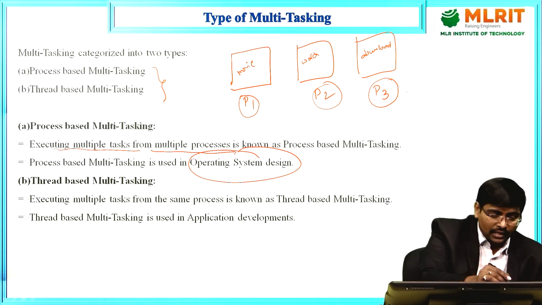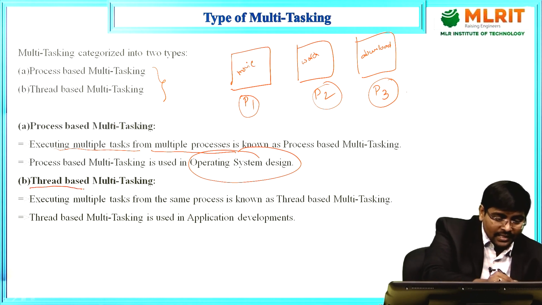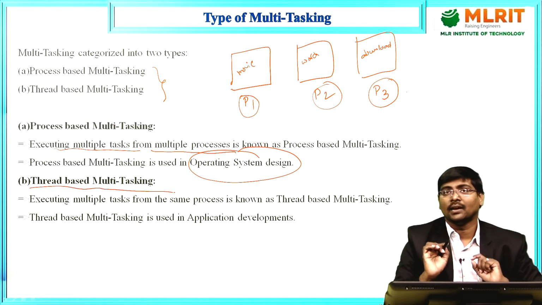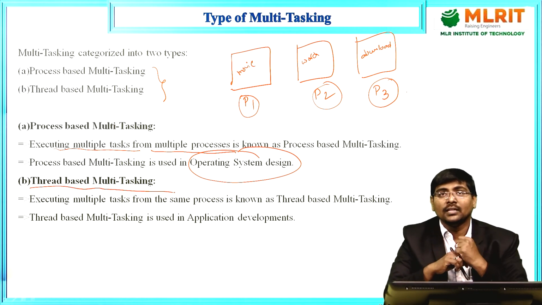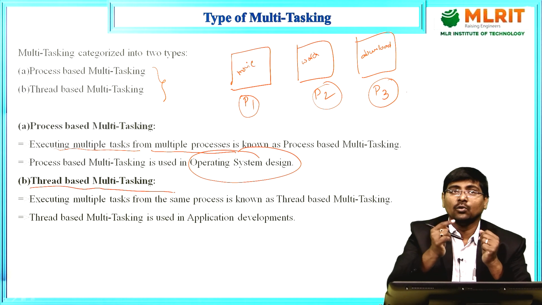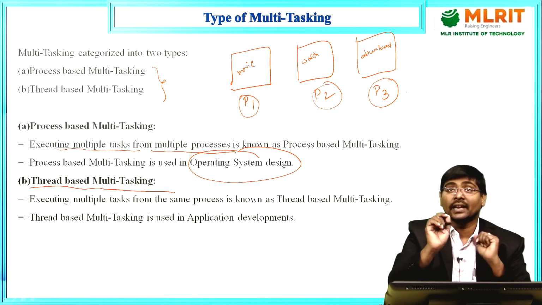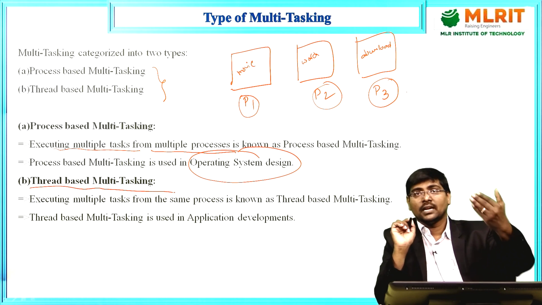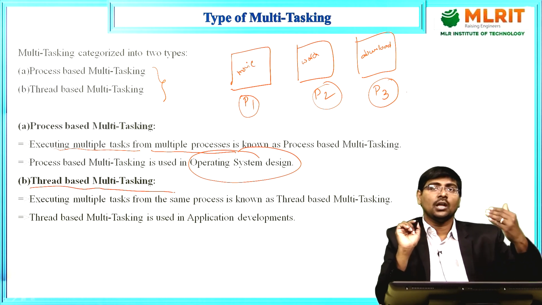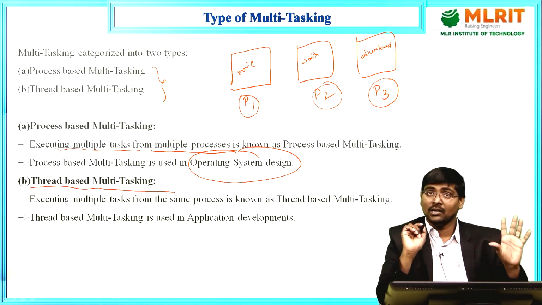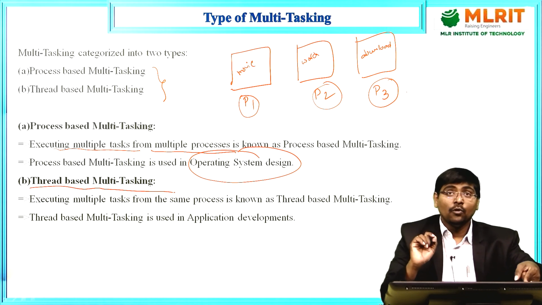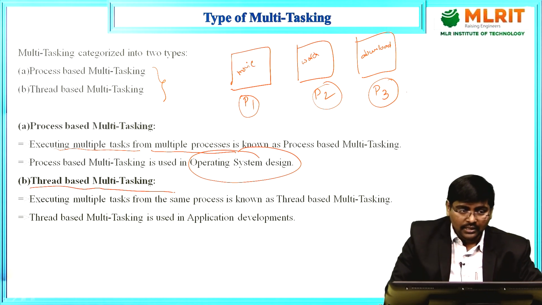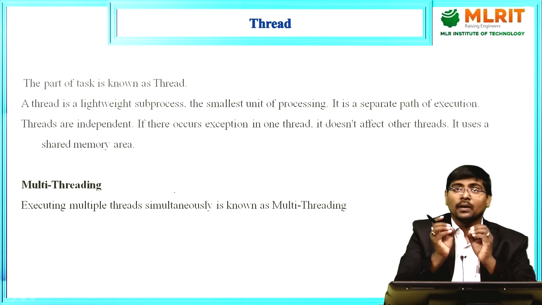Now, what is our next point? Thread-based multitasking. Before knowing this, first of all, you need to know what a thread is. Everyone knows process till now. What is a process? Either an application under execution or a program under execution is called a process. Now, before knowing thread-based multitasking, first I will explain what a thread is.